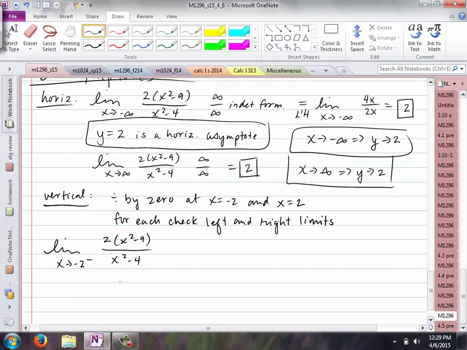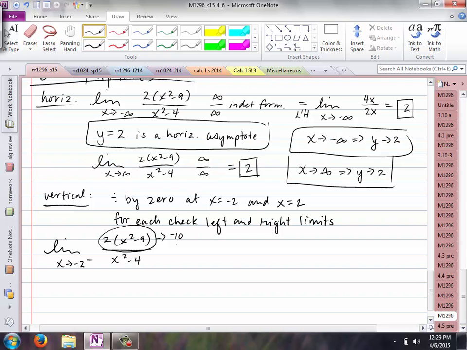On the top, let's see if we can be kind of lazy. If I did negative 2 instead of negative 2 from the left, what would the top be? Negative 10. If negative 2 is a little lesser, a little greater, it's still going to go to negative 10.